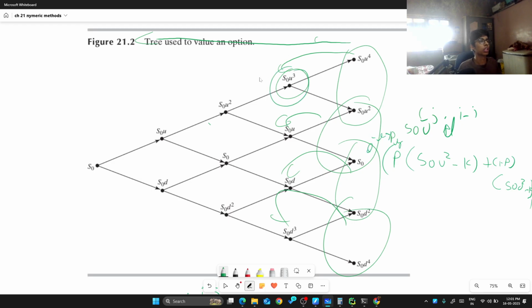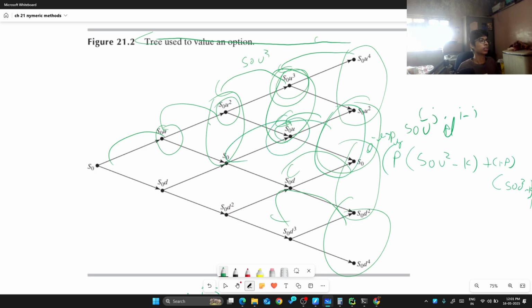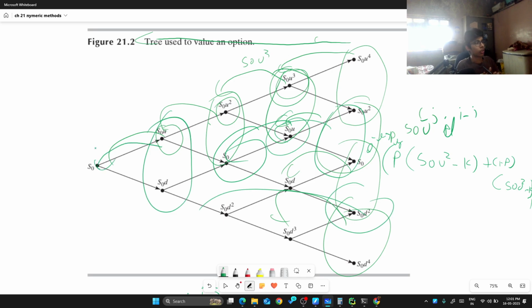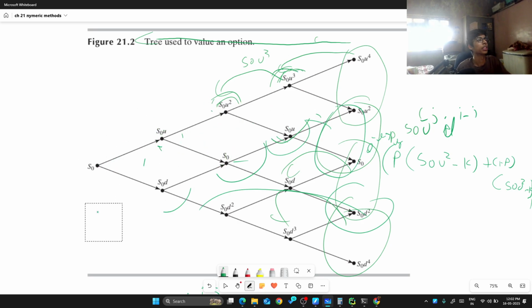Then we get S0 u, then we take this probability, discount it, we get this, and we do it for all timestamps. So finally by discounting to S0 we find the option price.